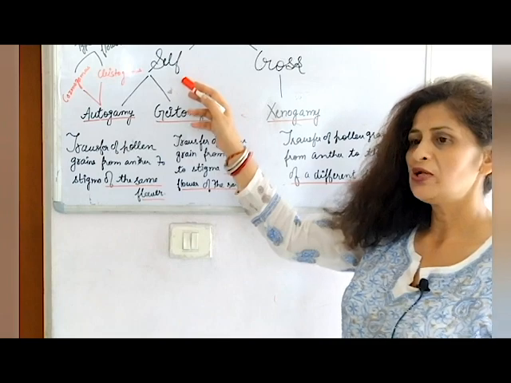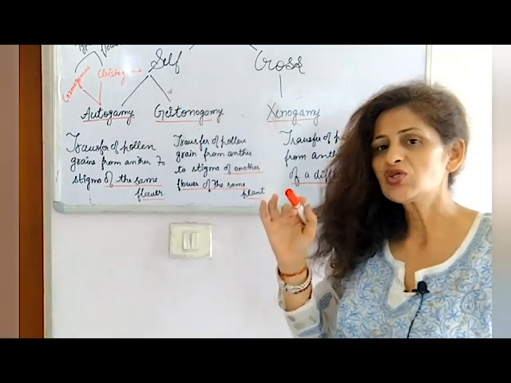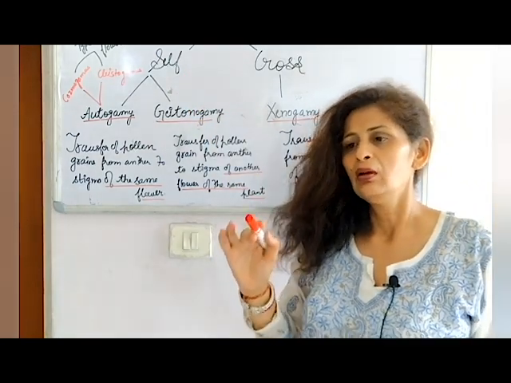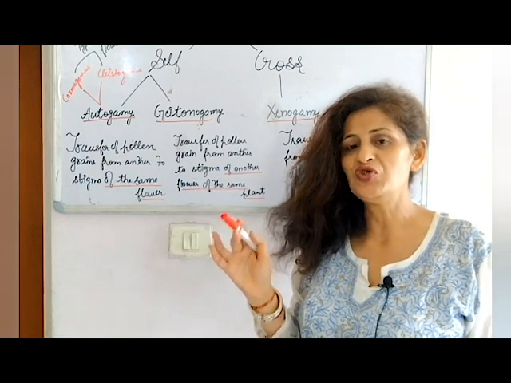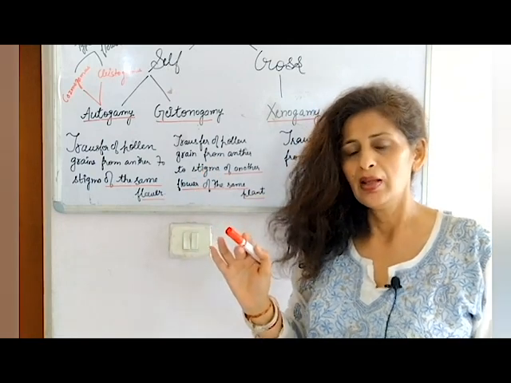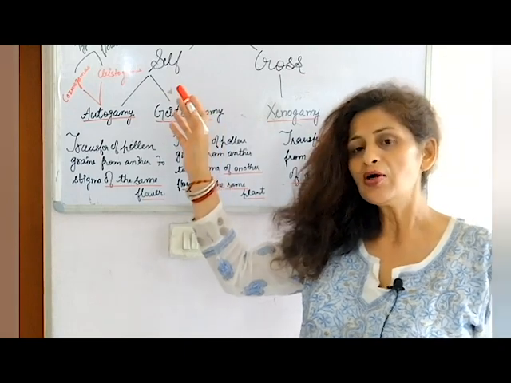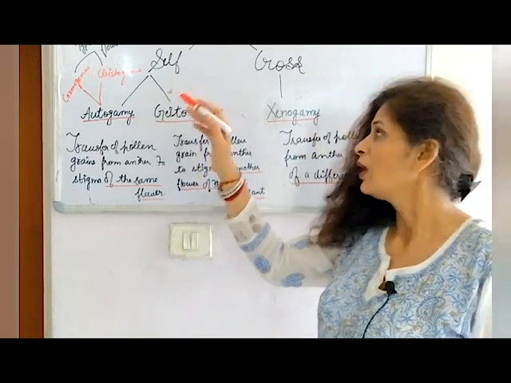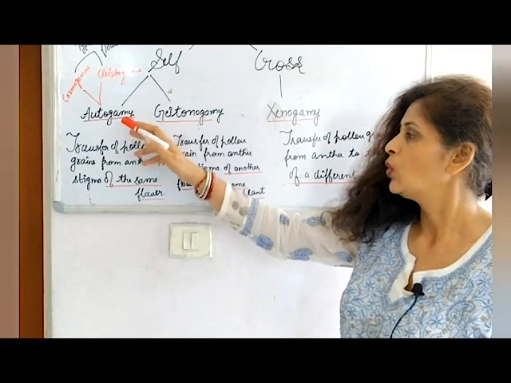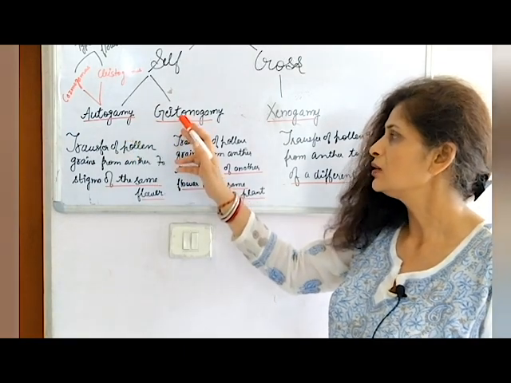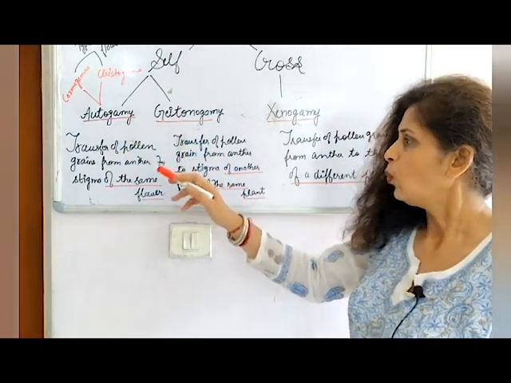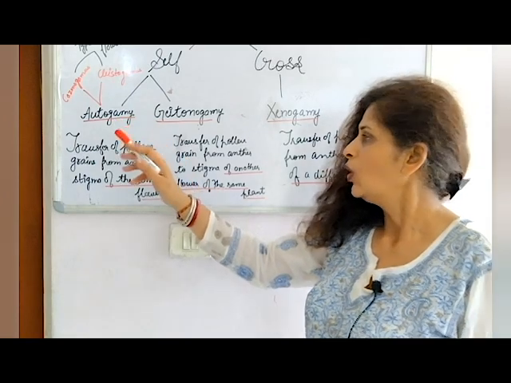What is self-pollination? Self-pollination is transfer of pollen grain from anther to the stigma of a genetically similar plant. This point is very important, meaning genetically the flower should be the same, okay? And it is of two types, autogamy and geitonogamy. What is autogamy?